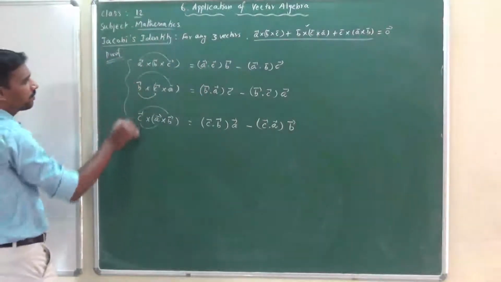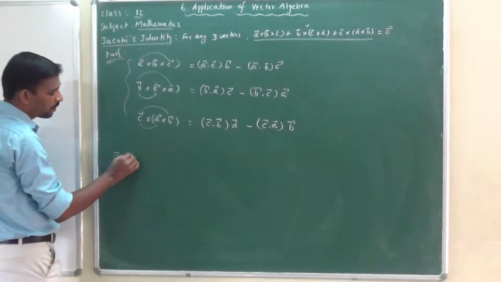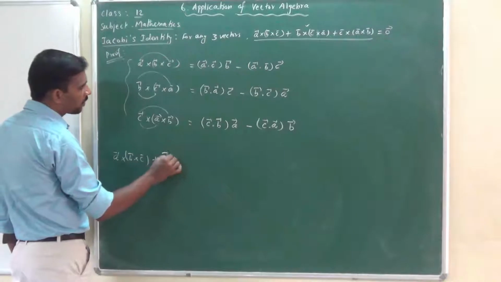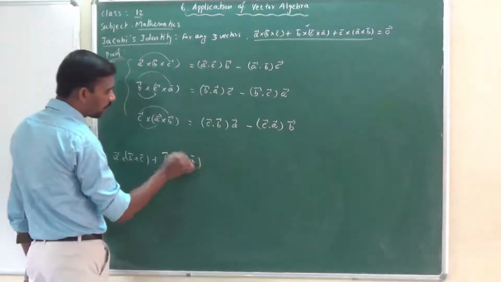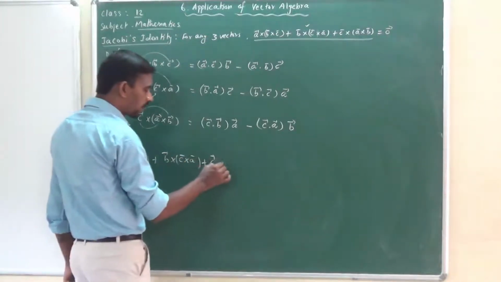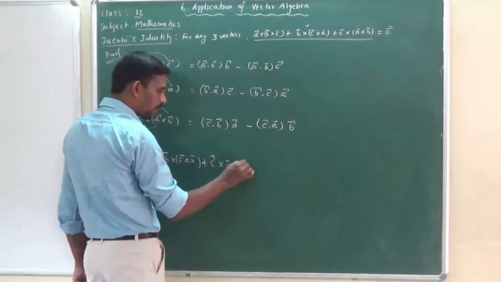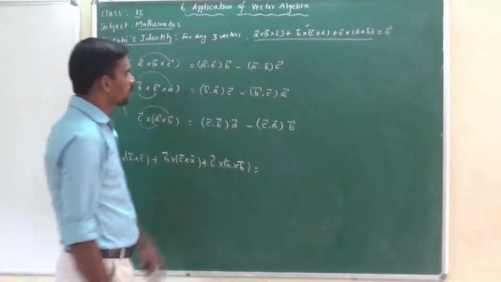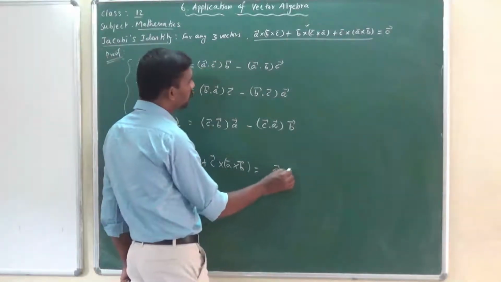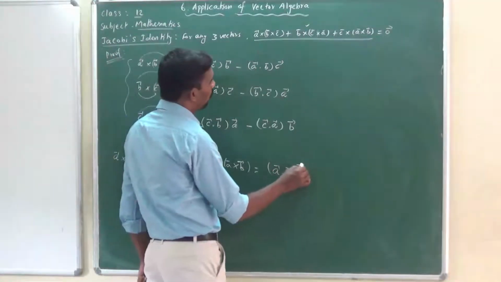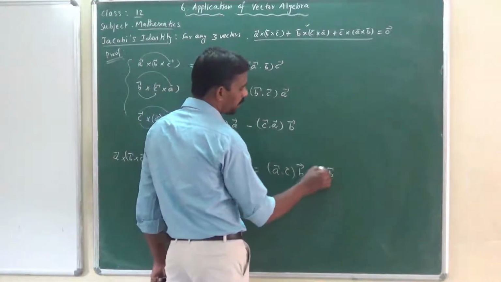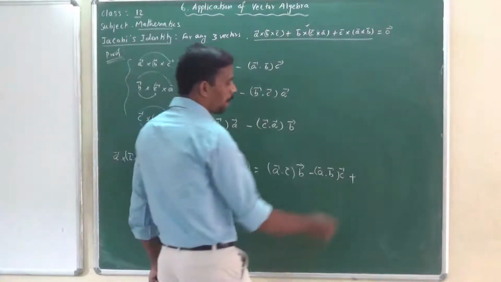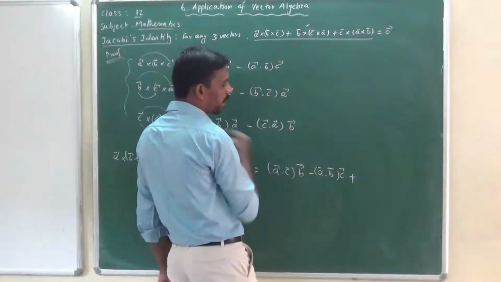Now adding these three: a vector cross (b vector cross c vector) plus b vector cross (c vector cross a vector) plus c vector cross (a vector cross b vector) is equal to, writing first itself, a vector dot c into b minus a vector dot b vector into c vector, plus this one, b vector dot a vector, we can write a dot b.